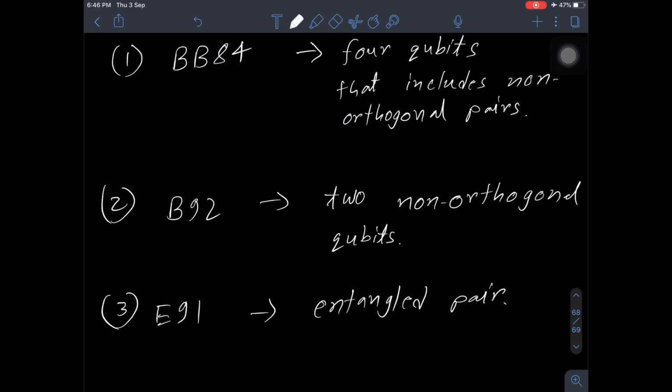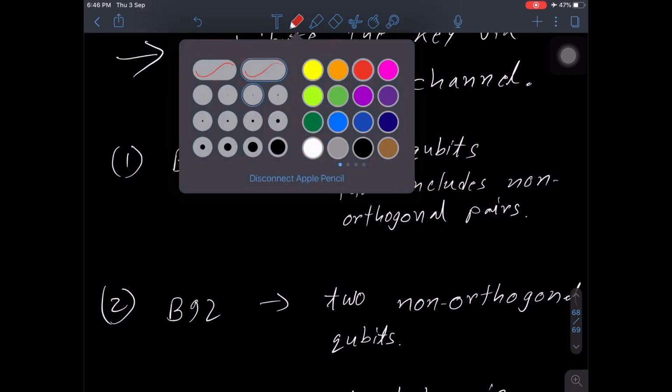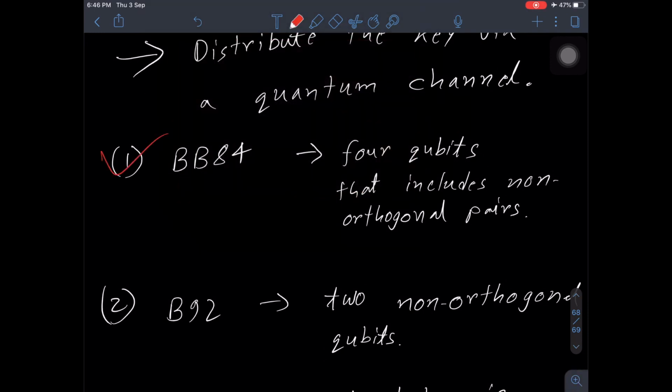So we will discuss the first one, which is BB84, which includes 4 qubits, and this is one of the first quantum key distribution protocols ever discovered, and we will talk about it in great detail in the upcoming videos.